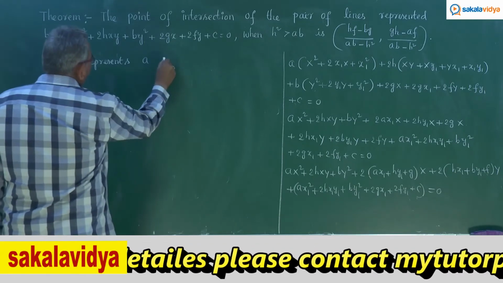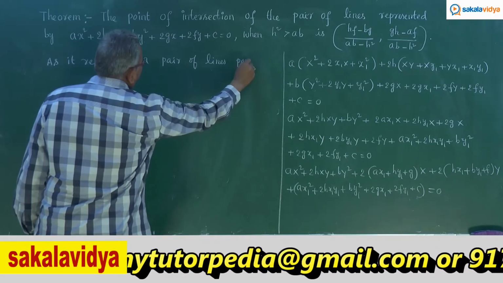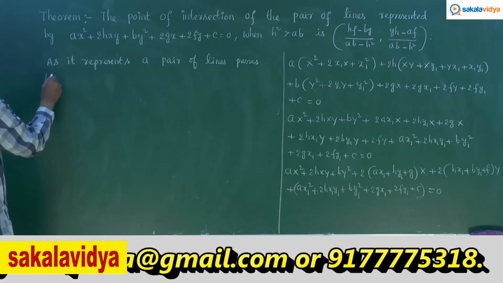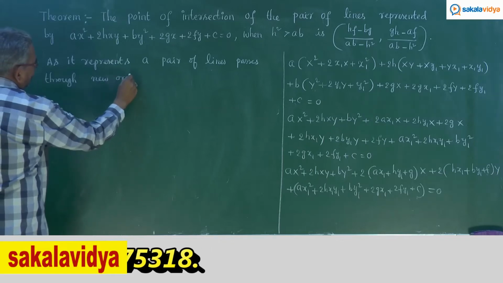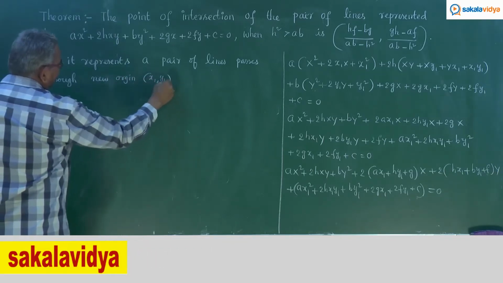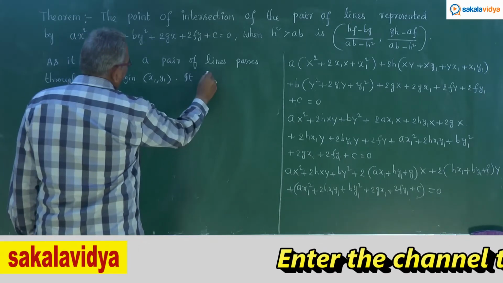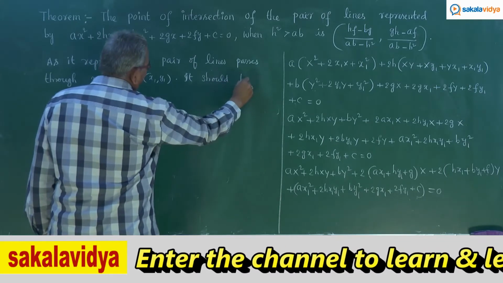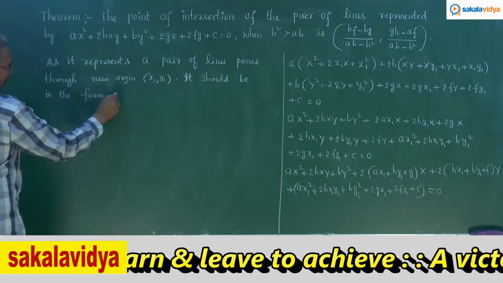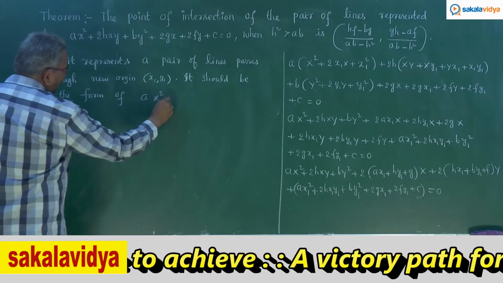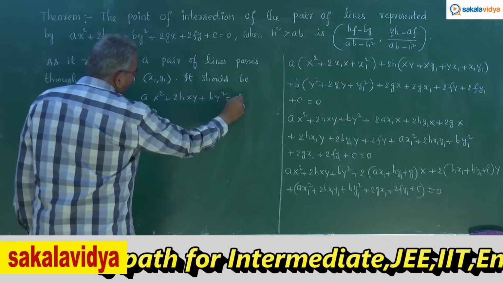So, that means as it represents a pair of lines passes through new origin x1 comma y1, it should be in the form of a capital X square plus 2h capital XY plus b capital Y square is equal to 0.